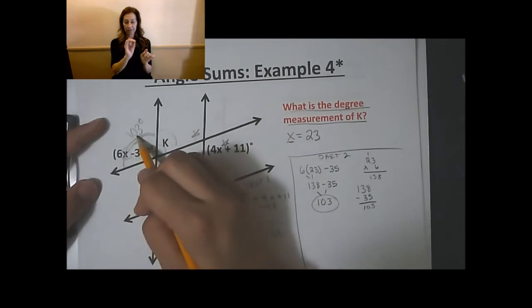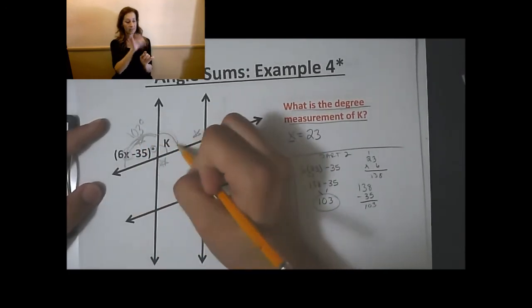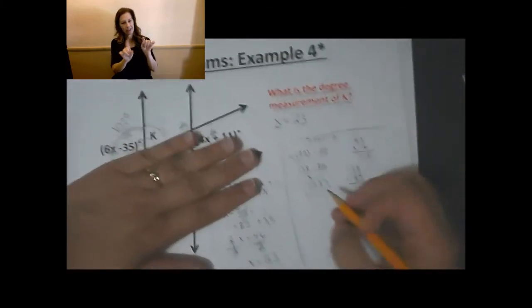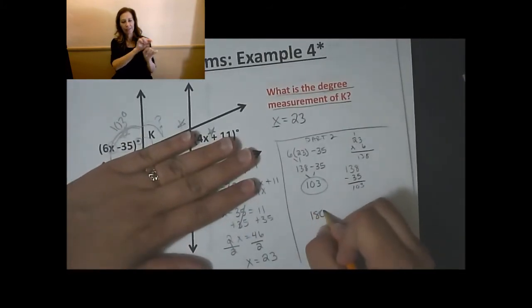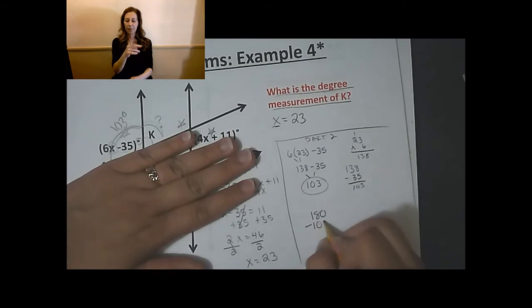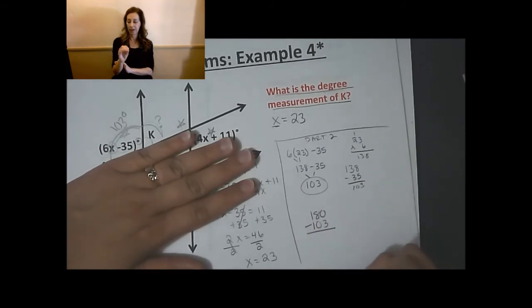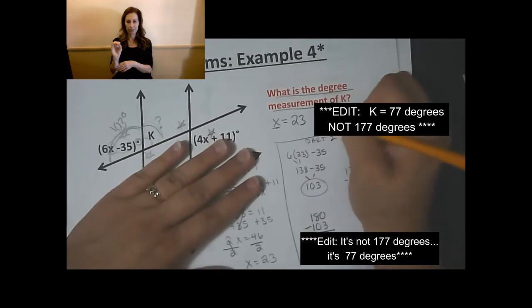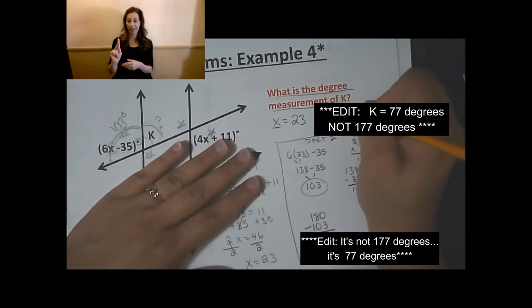If this is 103 degrees, what is this one? They're supplementary angles. So I can say 180 minus 103 degrees, and that will get me 77 degrees. So k equals 77 degrees.